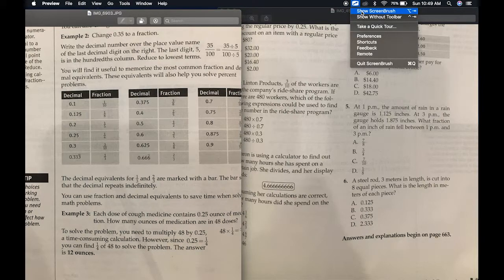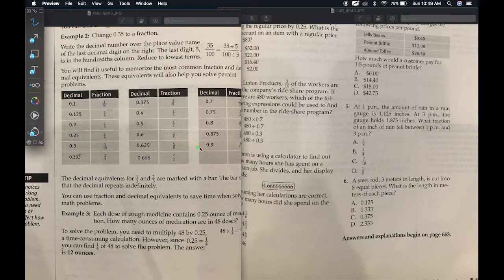The line right above the 6 there indicates that this will keep on going. So they just cut it off at the third one and put the line to let you know that it keeps going. So this decimal is equivalent to 2/3 in fraction form, okay?